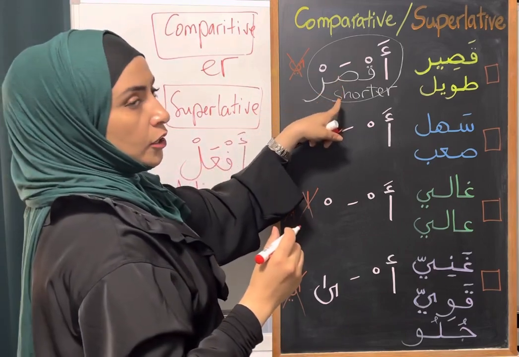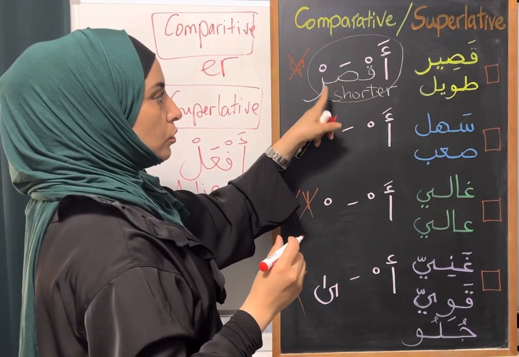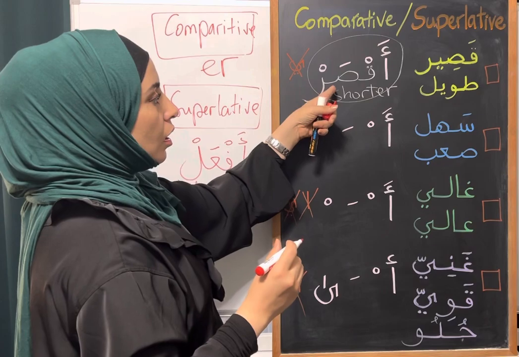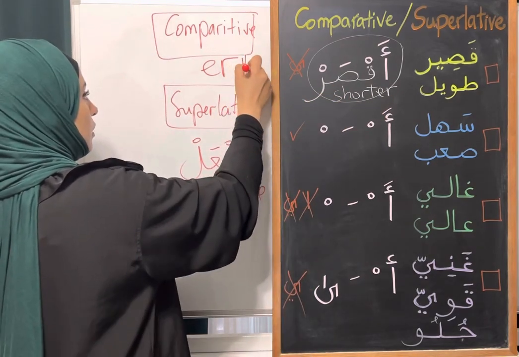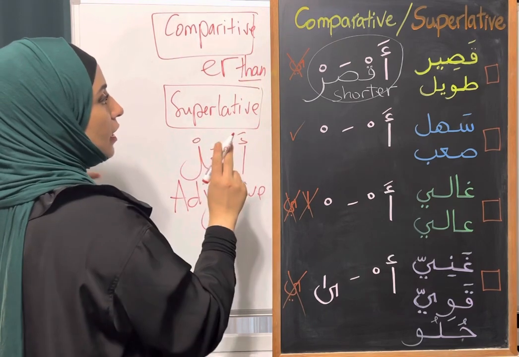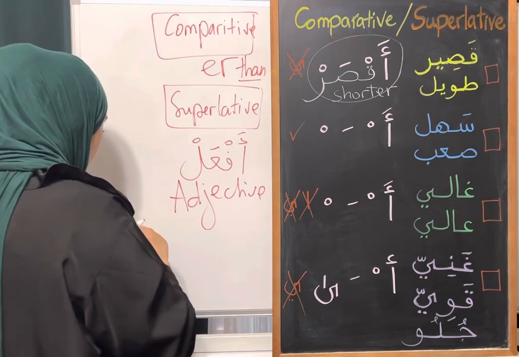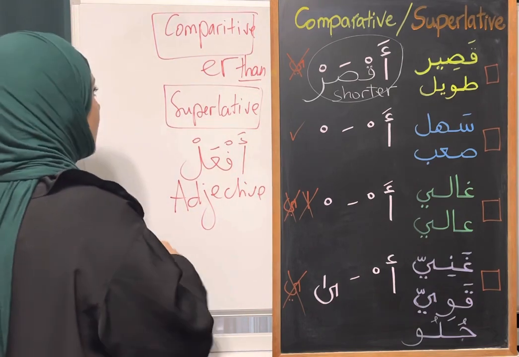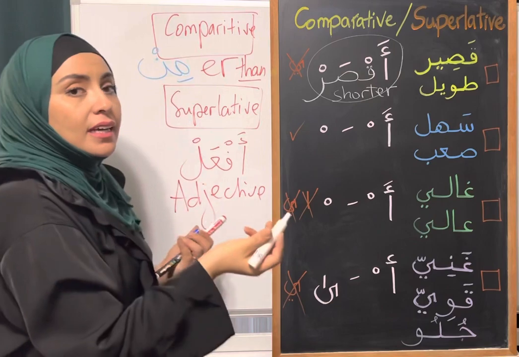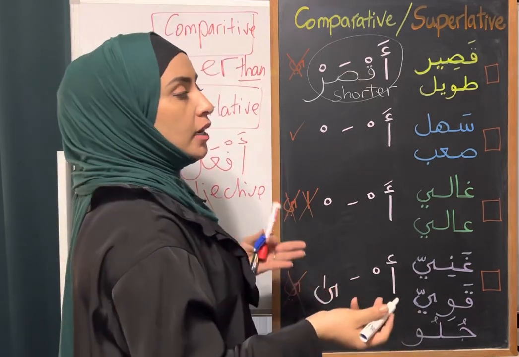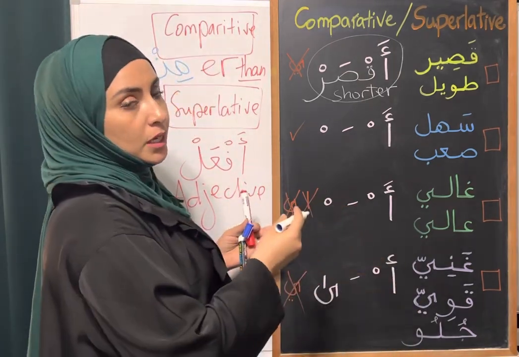And then in Arabic, you would also need to use shorter than. Shorter than in English, so you will need to say than. In Arabic, you have to say من. أقصر من. So أخي أقصر من أختي. My brother is shorter than my sister.